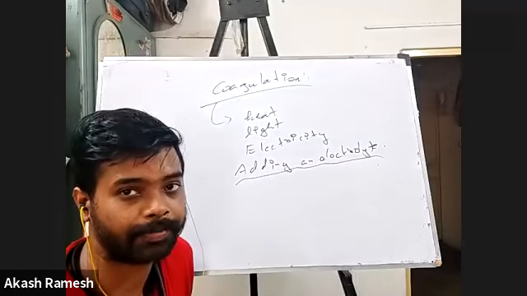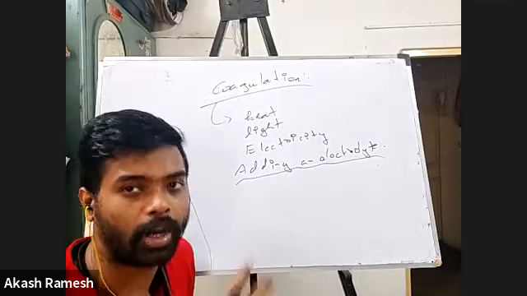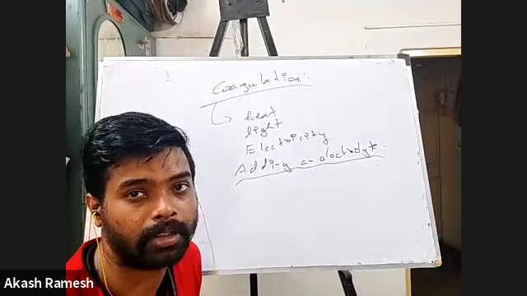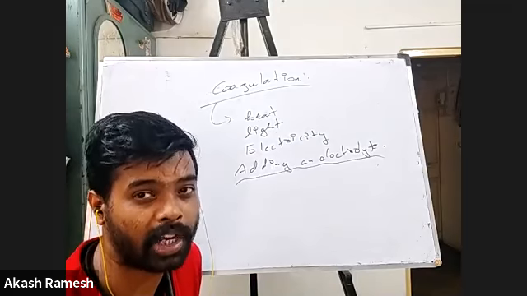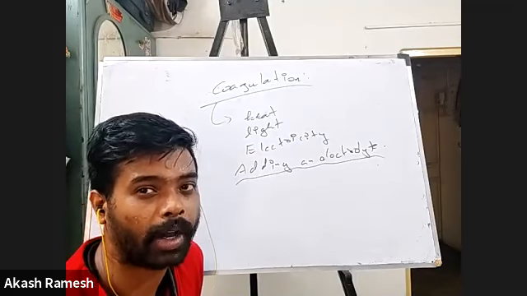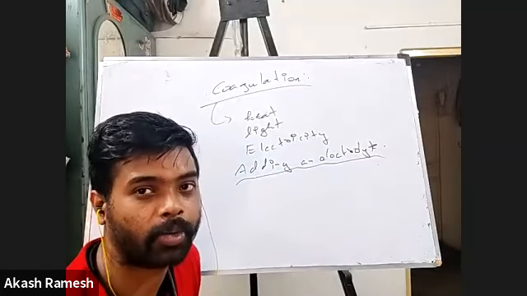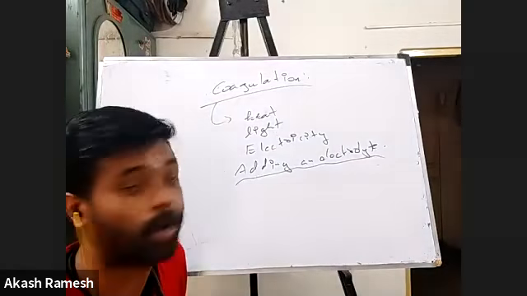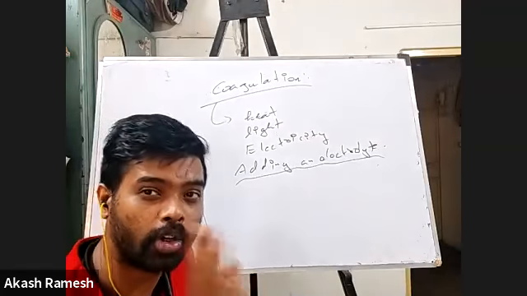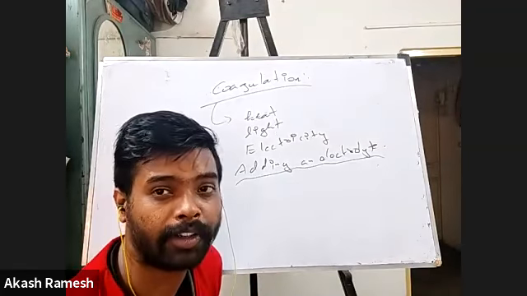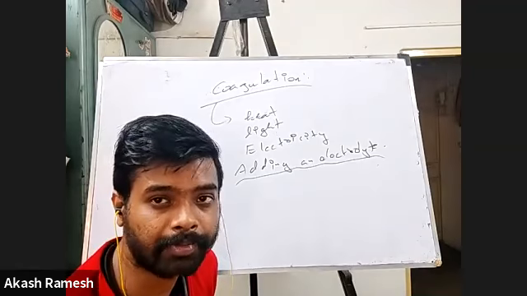If you add an electrolyte of suitable concentration and suitable charge, coagulation will happen because you have a first layer of charges present in the colloid.